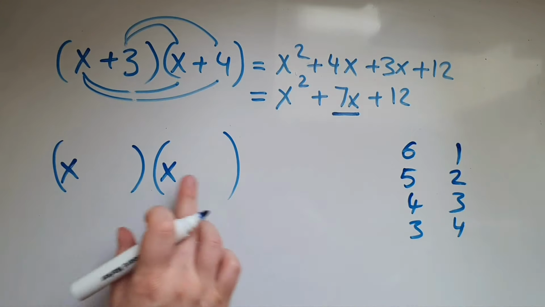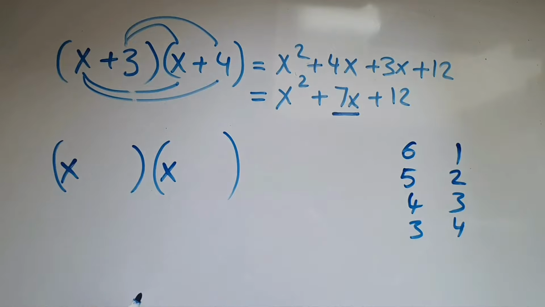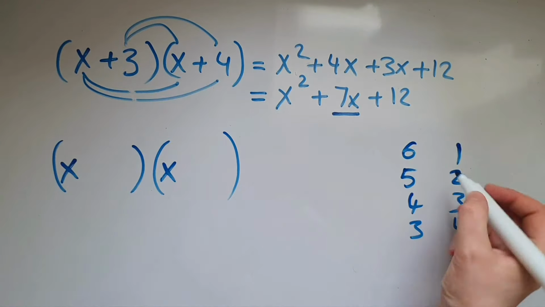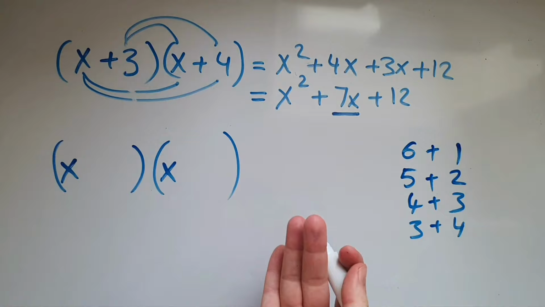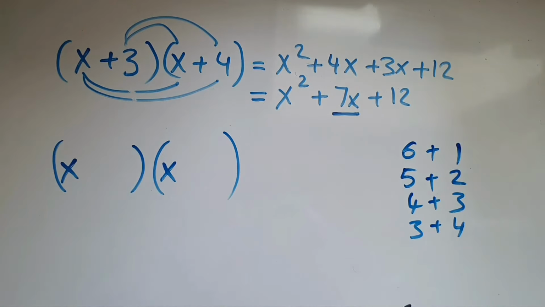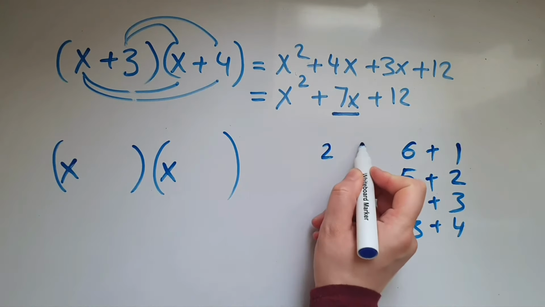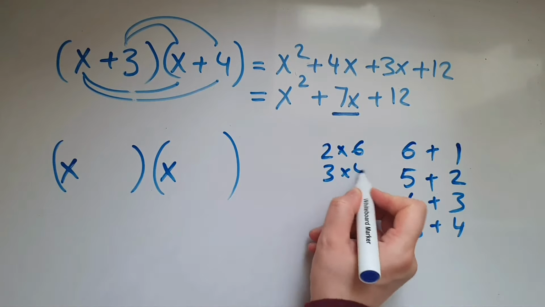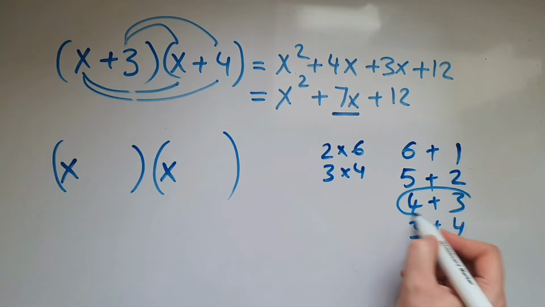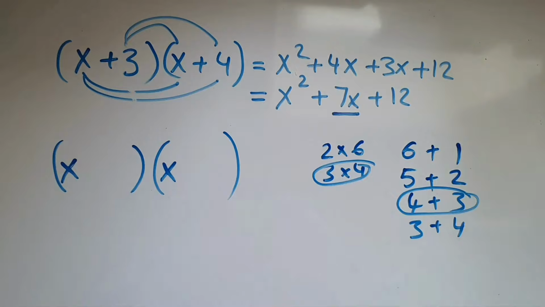So basically, to fill these two gaps with numbers, we're looking for two numbers which when we add, they give us 7, and when we multiply, they give us 12. So what numbers do we multiply to give us 12? It could be 2 and 6, it could be 3 and 4, and there we have 3 and 4.